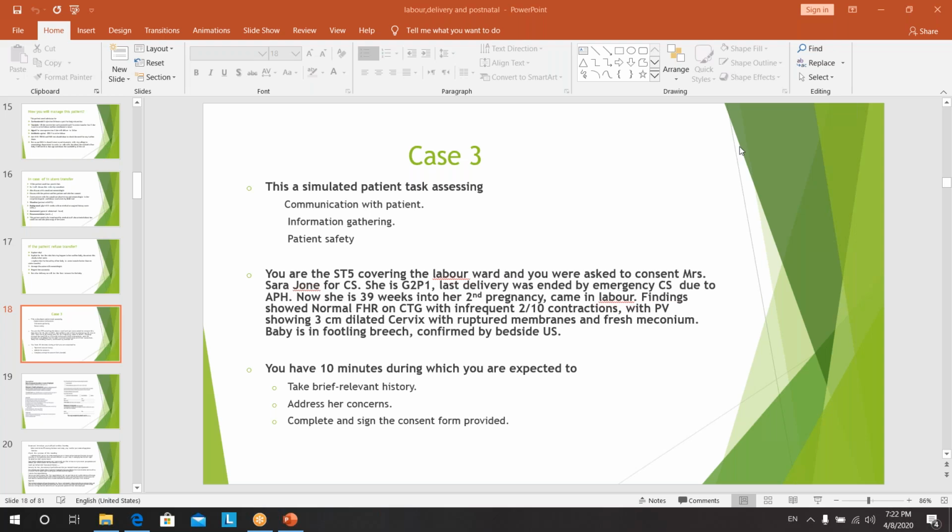Okay. There is a small risk of infection, bleeding, and a small risk of injury to the viscera like bowel, bladder, or ureter.